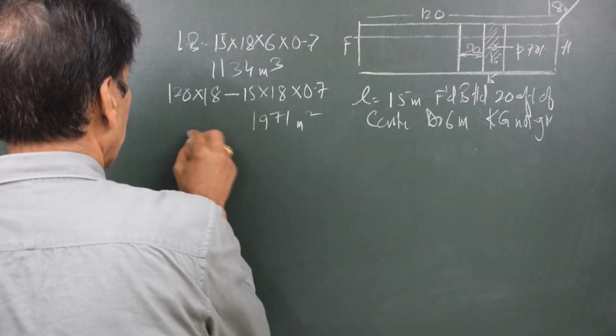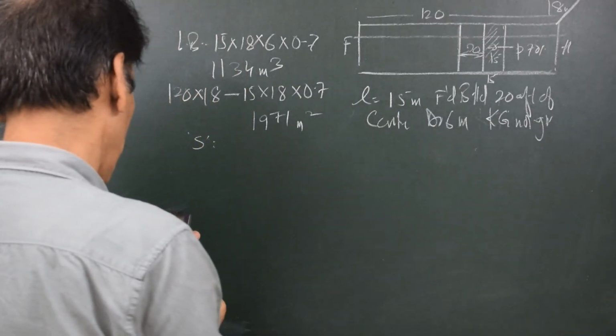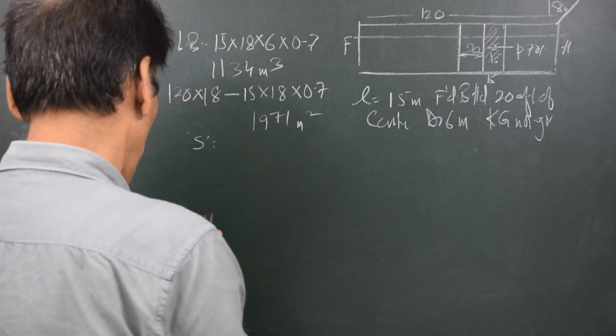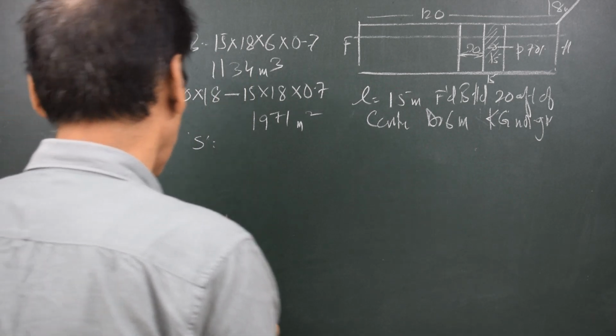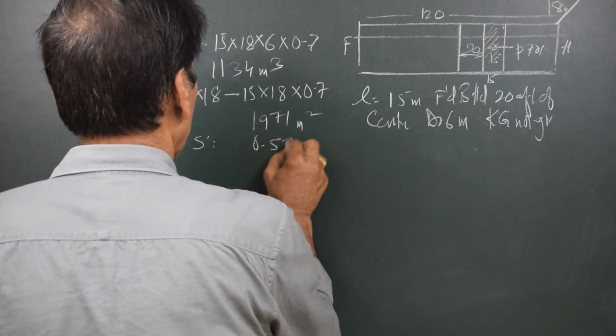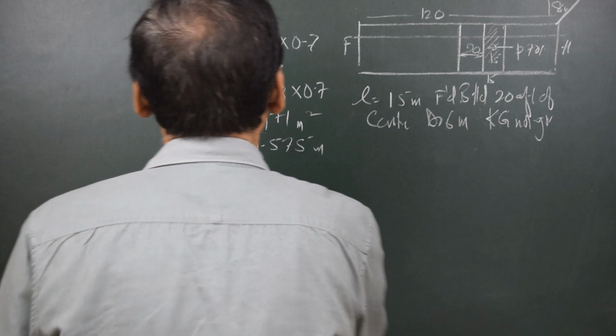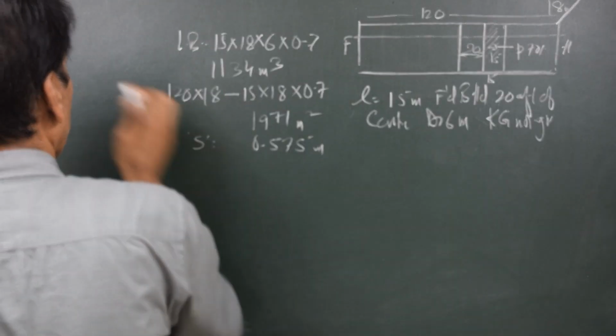So sinkage will be 1134 divided by 1971, which gives me 0.575 meters. I'll write these data over here so that I can do the calculations here.